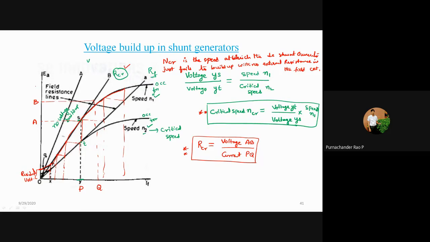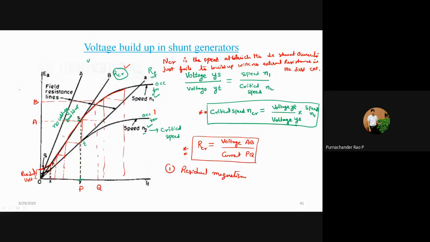So the first thing required, mainly, is the residual flux. So first, residual magnetism should be present in the field poles.